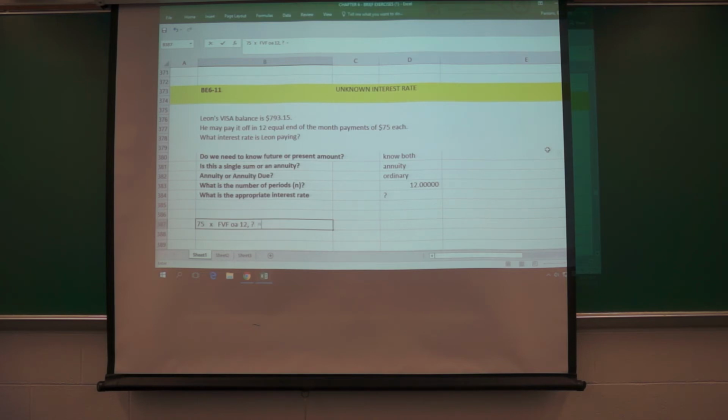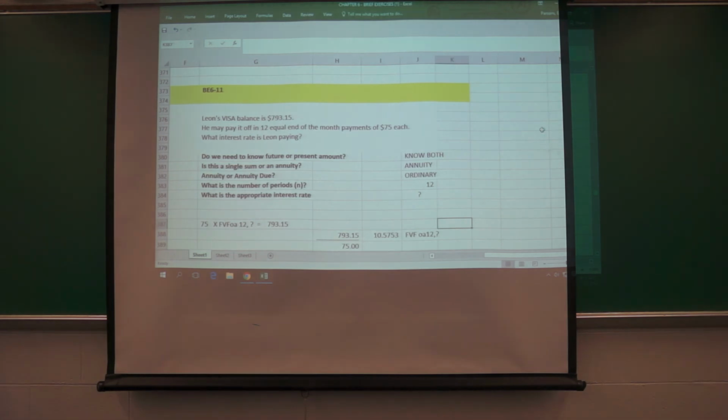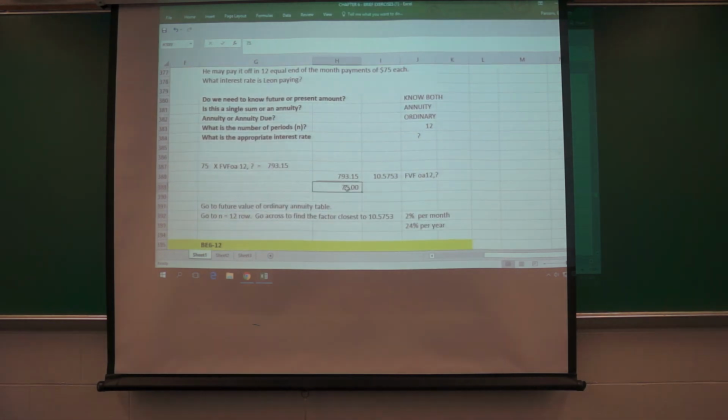So times that factor is going to equal the 793.15. Okay, so that's how you would set this up, and then we would divide. You divide that 793.15 by the 75, and that gives you 10.5753, which is the future value factor.